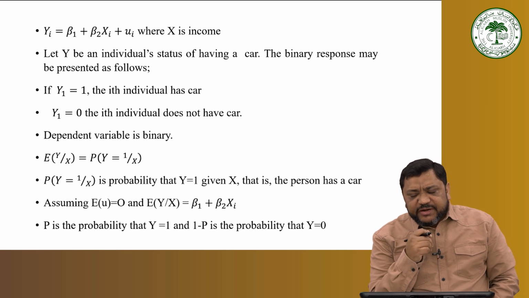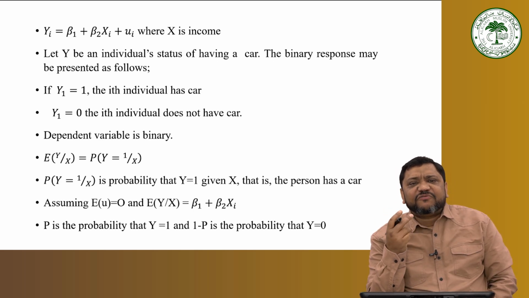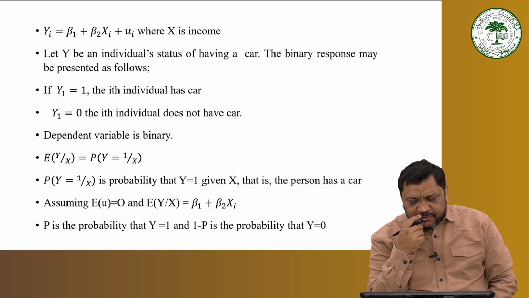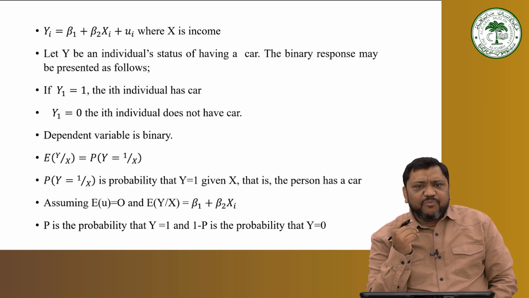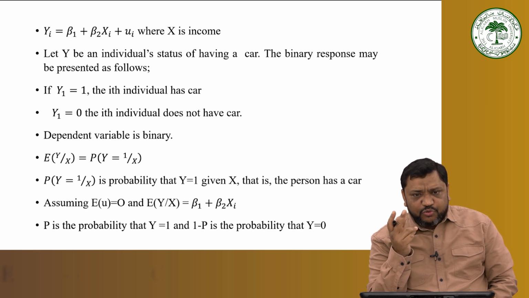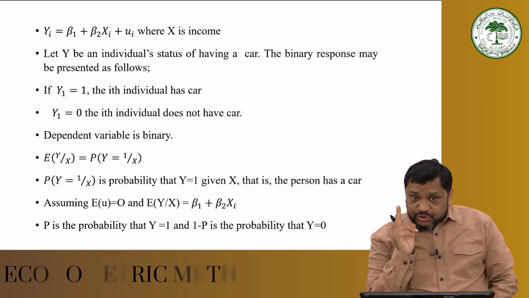We introduce this linear probability model by considering an incidence of, say, owning a car. We want to check the probability that a person will have a car or not. So we take a model yi is equal to beta 1 plus beta 2 xi plus ui, where x is your income. Now what is y?